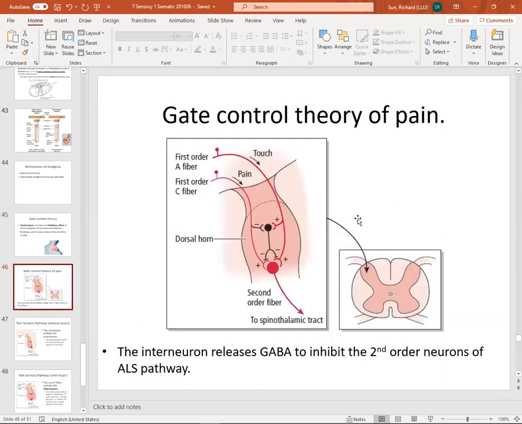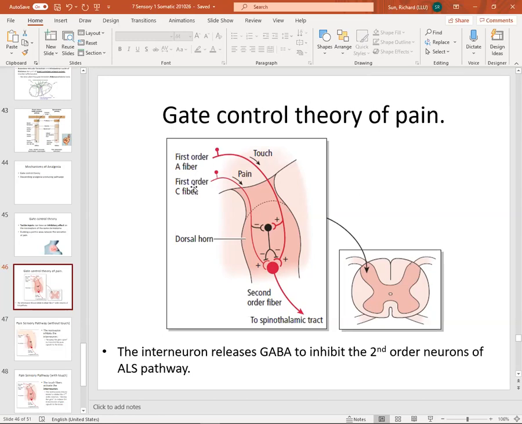How does it do that? So it's right here. This is the dorsal horn of the spinal cord. All this sensory signal is coming in. We have this touch signal from all these Meissner's, Merkel's, etc. They're coming in, and they will innervate the interneuron, but they will also directly send into the brain.